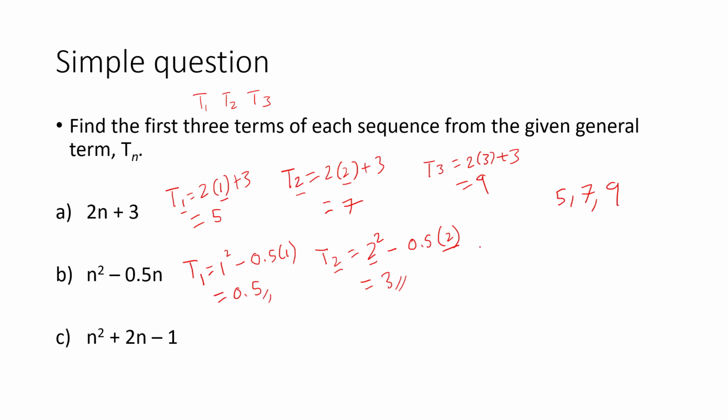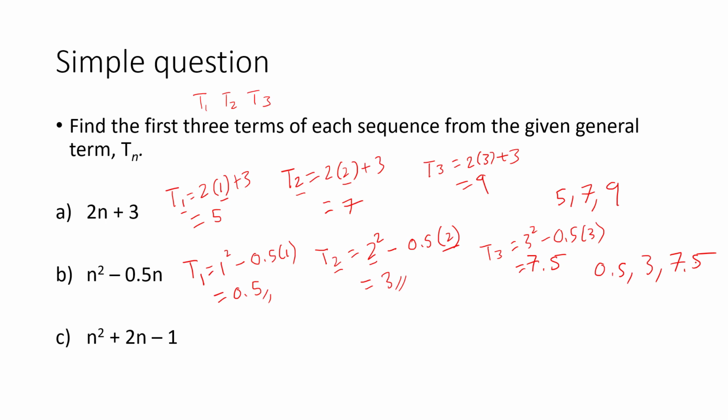And finally, term 3 is equals to 3 squared minus 0.5 times 3. And I will have 9 minus 1.5. So I will have 7.5, and the first three terms will be 0.5, 3, as well as 7.5.